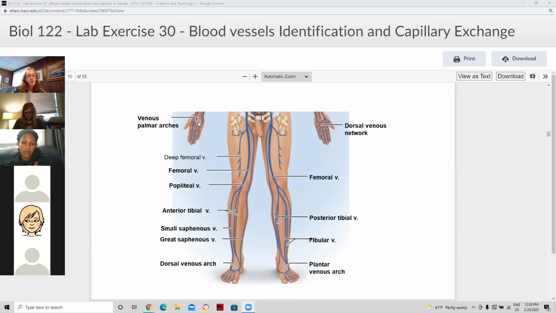But venous palmar arches on the palm, dorsal venous network, which you can see on the back of people's hands, the prominent veins that come out. Dorsal venous network.